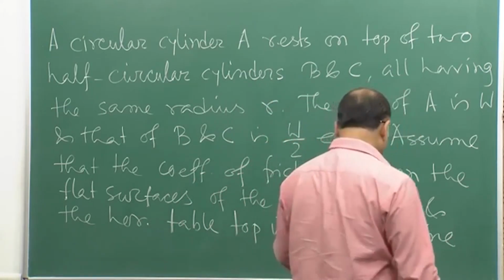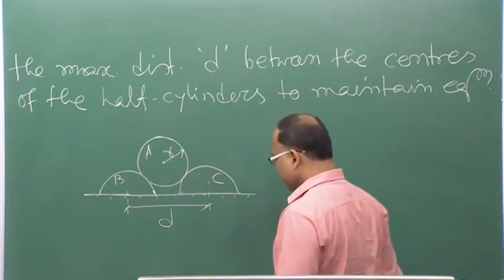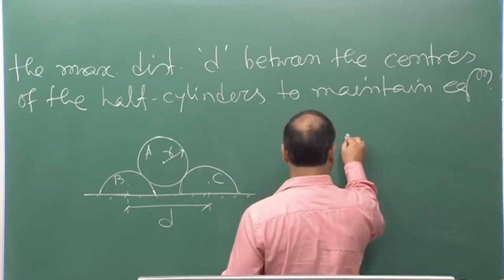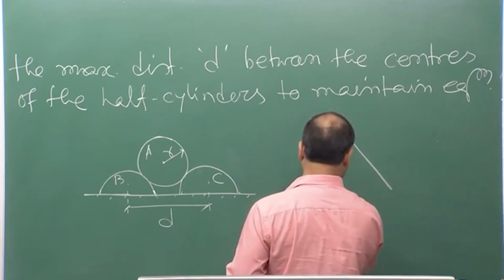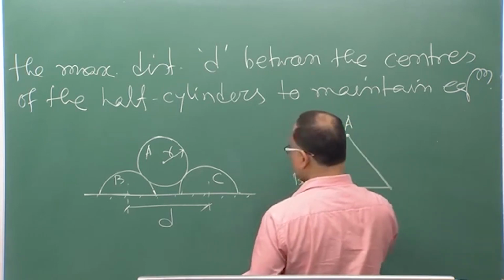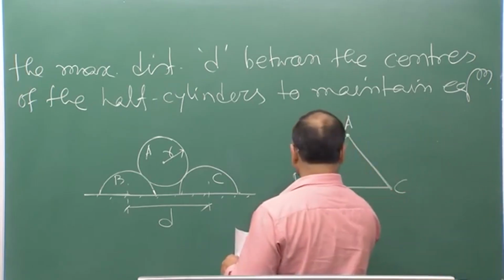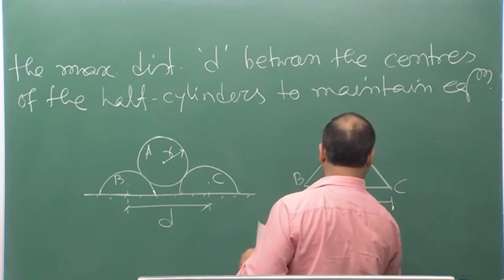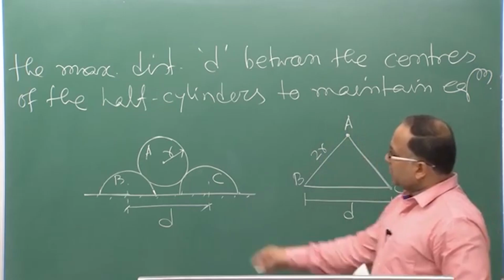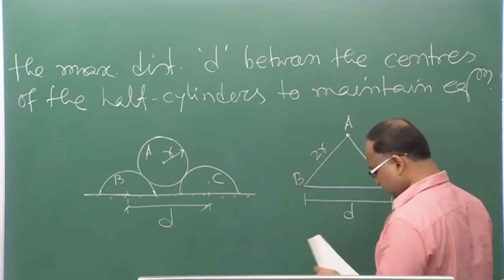Now, if you look at this figure, from the geometry, this is the center of A, the center of B and the center of C. This distance is d as given. The center to center distance between A and B is twice r, and this is also twice r.